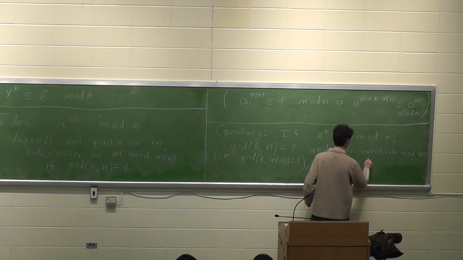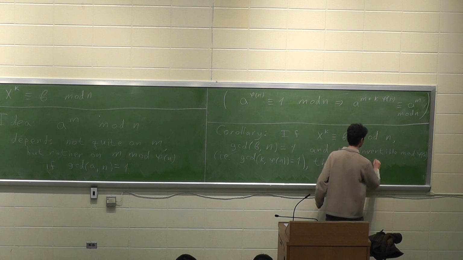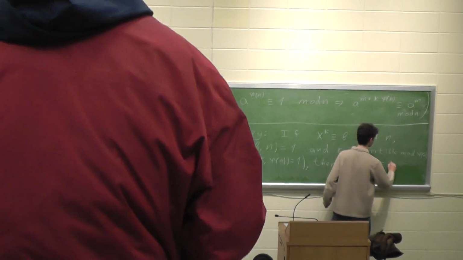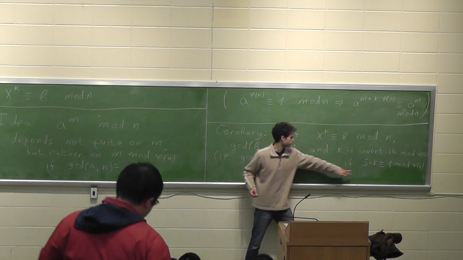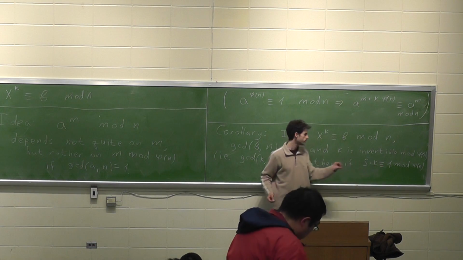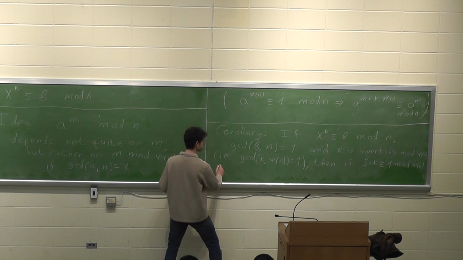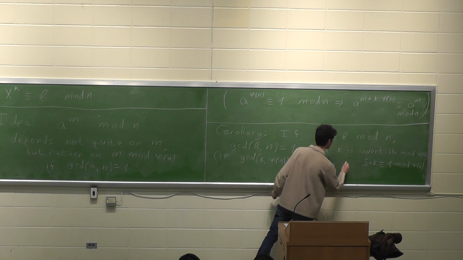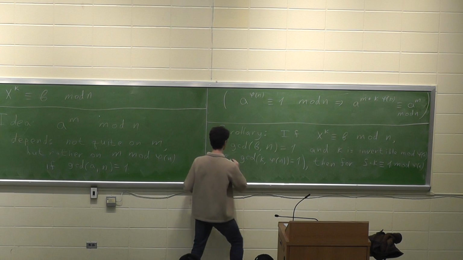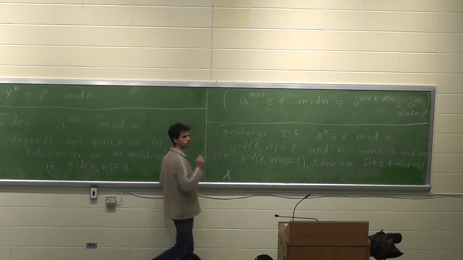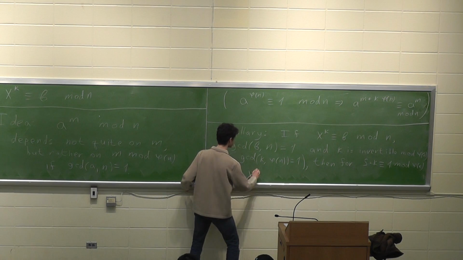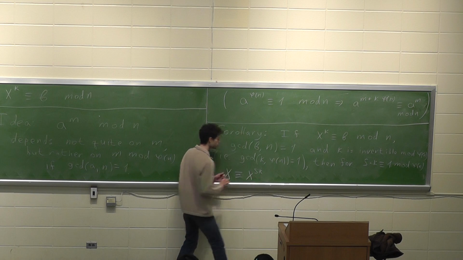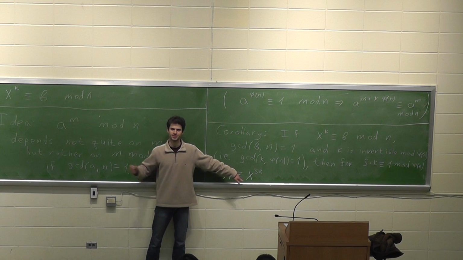Let s be such that sk is congruent to 1 modulo phi of n, with the condition that k is invertible modulo phi of n. So then for such an s, the following identity holds. If you want to find out what x is, you can just say that it is the same as x to the power of sk, because, well, there's this statement.